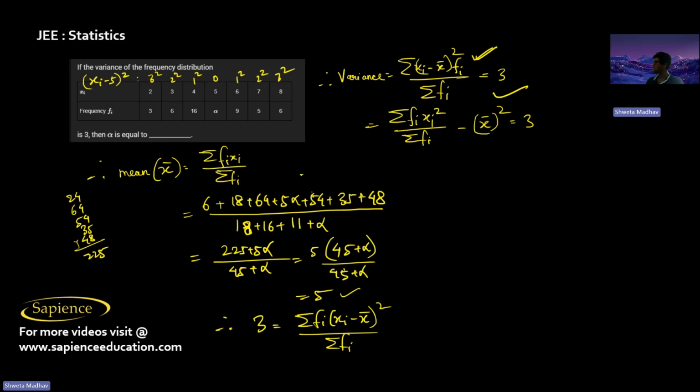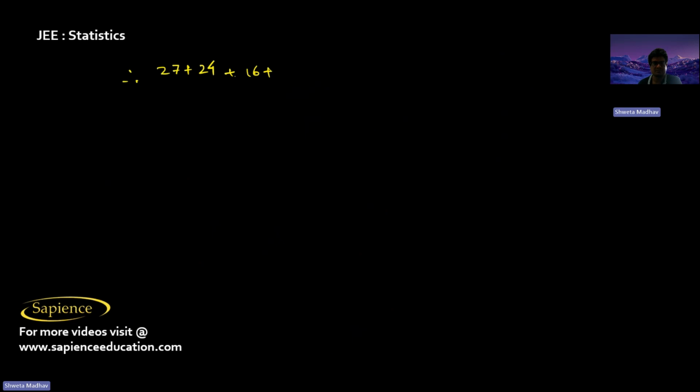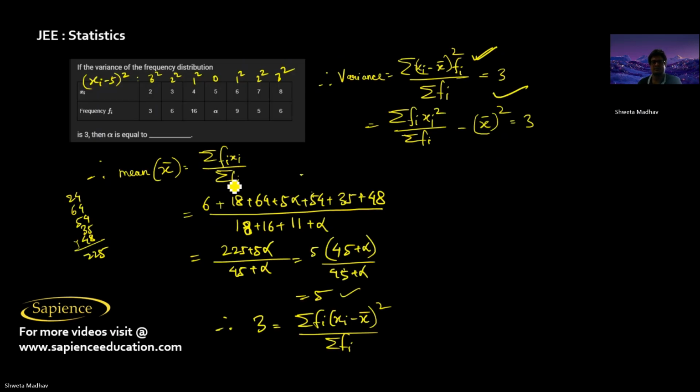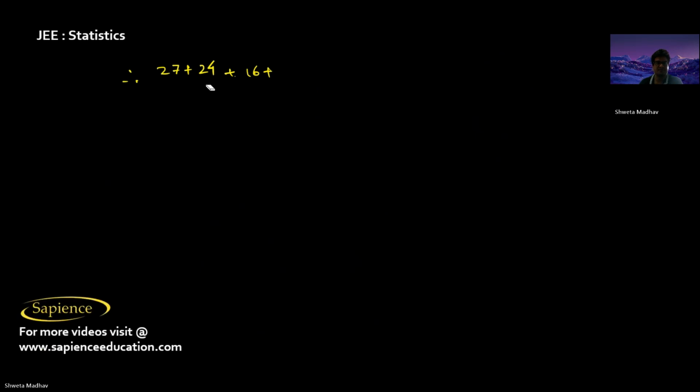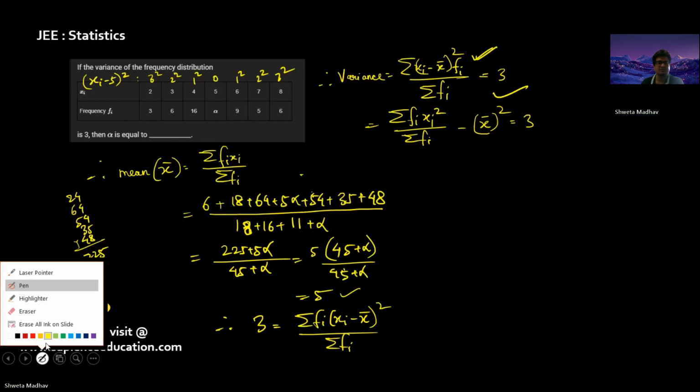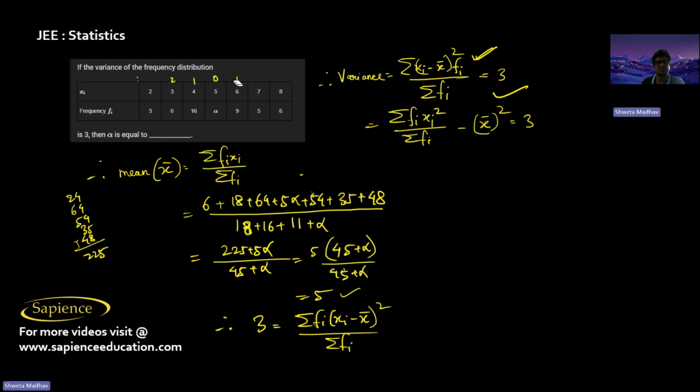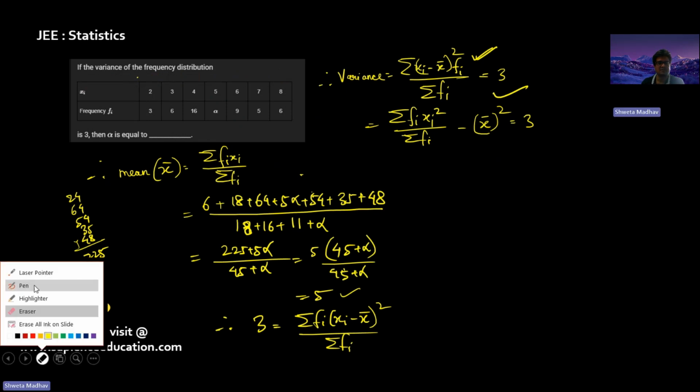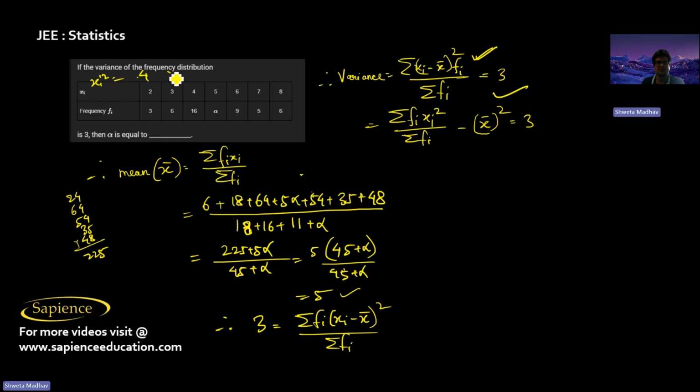Now the summation fi xi square, where xi square is 4, 9, 16, 25, 36, 49, and 64.